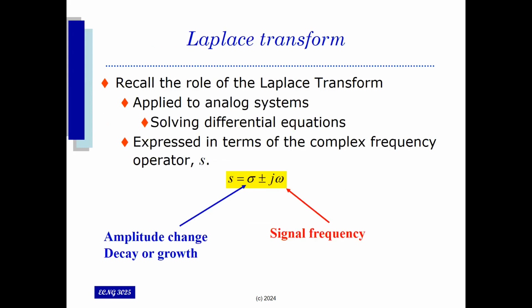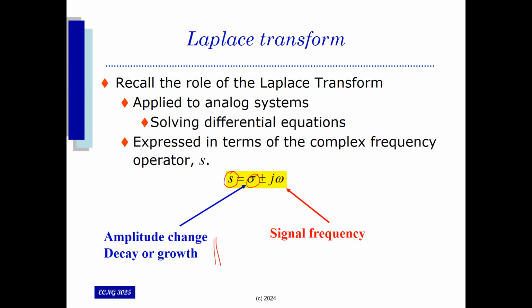Remember, too, that the Laplace transform is a function of the variable S. S is actually a complex number. It has a real and an imaginary part. The standard notation is to let S equal sigma plus j omega. The sigma part controlled whether the particular expression in terms of S would either decay or grow in amplitude.